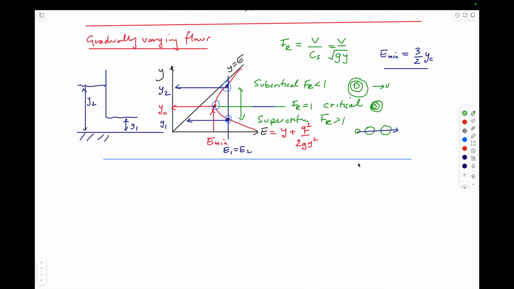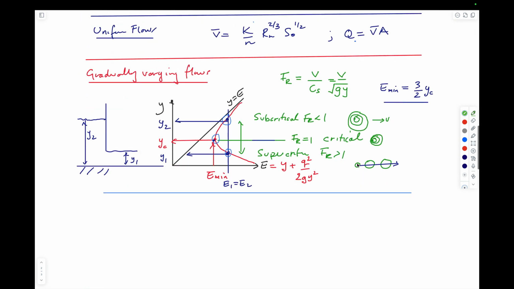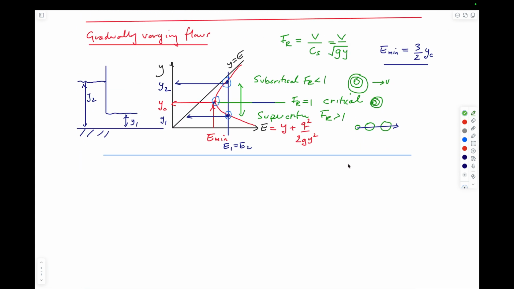And for gradually varying flows, these are not uniform flows. We end up with this case where we can have 2 regimes because we have a free surface. It can take this form upstream. Since we have to have the same volumetric flow as we go from upstream to downstream, then upstream, since it's a large cross-sectional flow area, this flow is at very slow velocity.